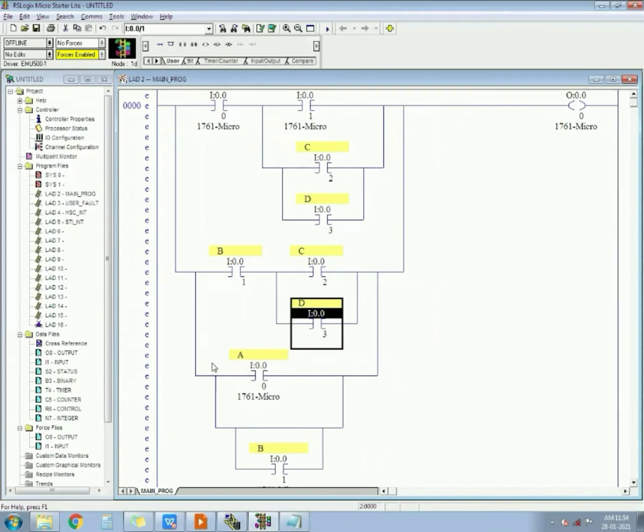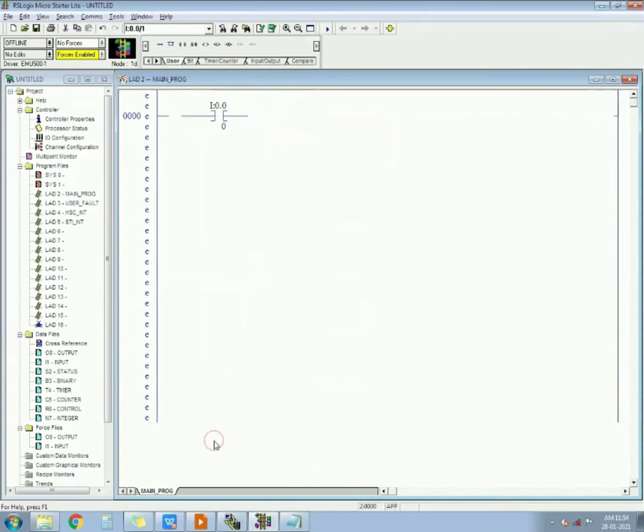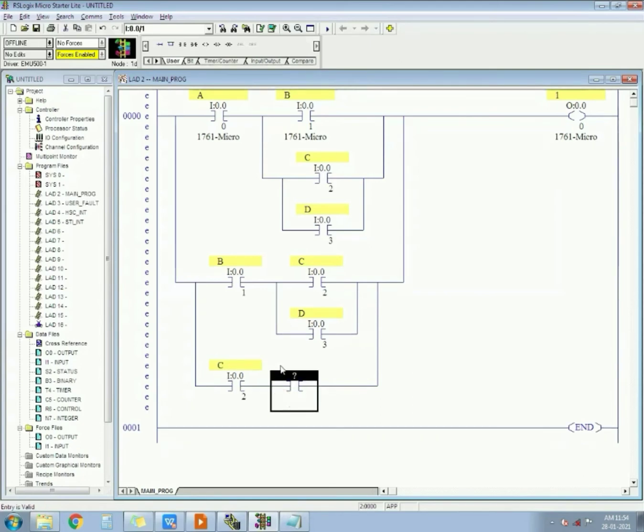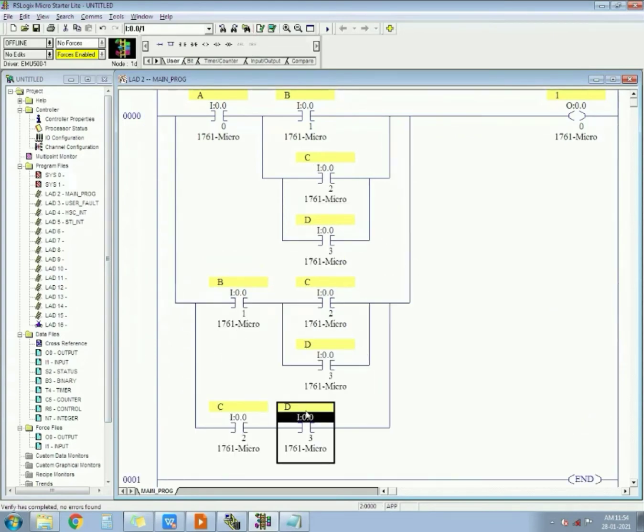Now I will remove all these things, and the last pair is C and D. I will use the address of C over here, that is 2, and D over here, I1:0/3. So you can see I have reduced the parallel combinations to 3, and it is not showing any error. So let's run it and check whether it's working fine.